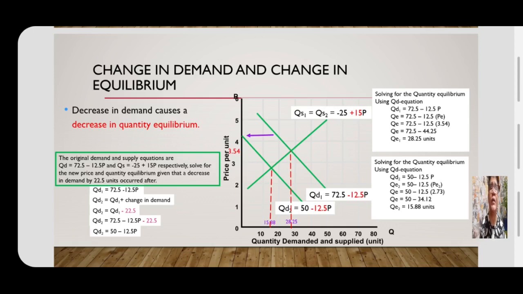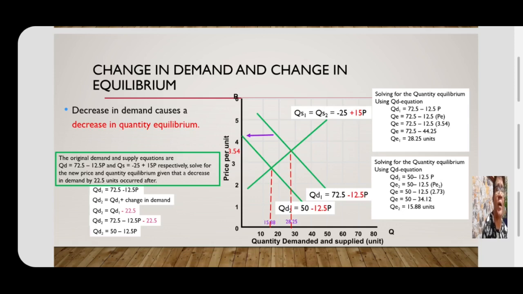Because of the decrease in demand, quantity equilibrium also decreased. So a decrease in demand causes a decrease in quantity equilibrium. Because of the decrease in demand by 22.5 units, quantity equilibrium decreased from 28.25 units to 15.88 units.